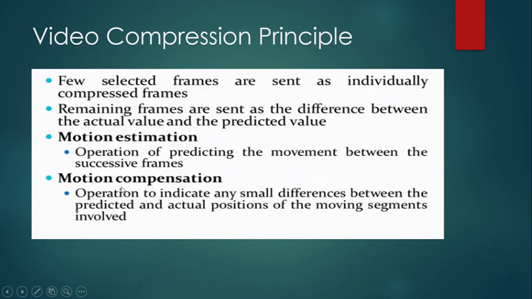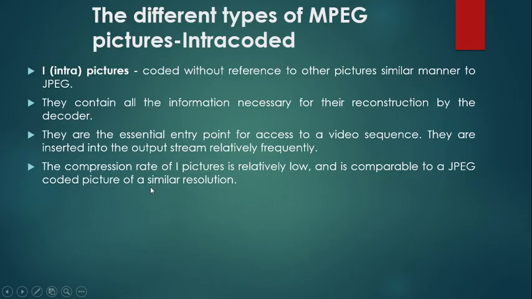For that we have to perform some compensation, that is called motion compensation. So what difference is there, that we have to indicate. That is motion compensation. So these two terms we have to deal with when we are studying the MPEG encoding. So understand now that there are two principles taking place in MPEG, one is motion estimation and another one is motion compensation.